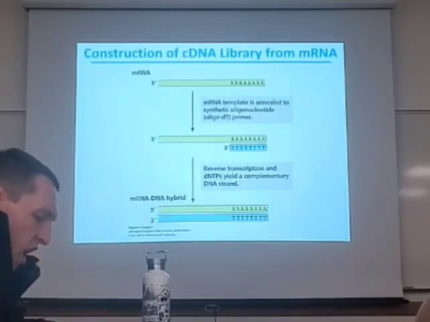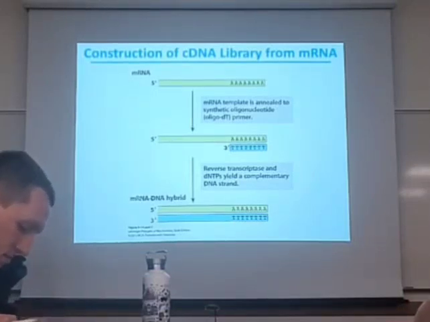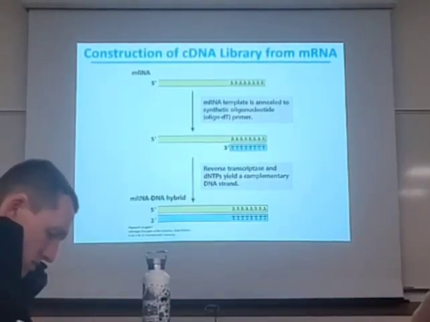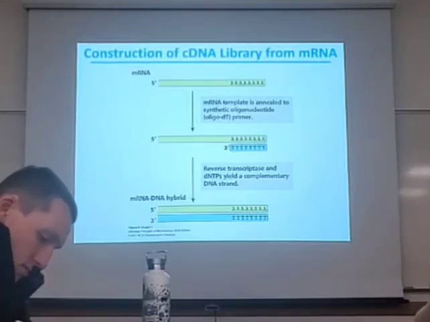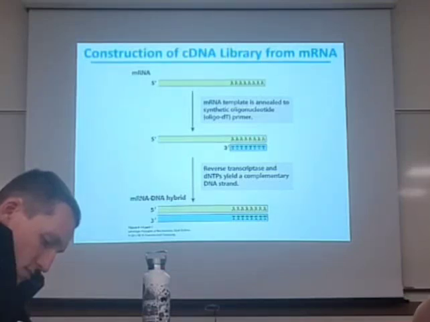A cDNA library. Wouldn't that be cool to have one of those? So if I know that I have a messenger RNA that's producing an interesting little thing, maybe I could get, messenger RNA is how stable? Not very stable. Could I make it into DNA instead that would be very easily stored, more permanent for me?